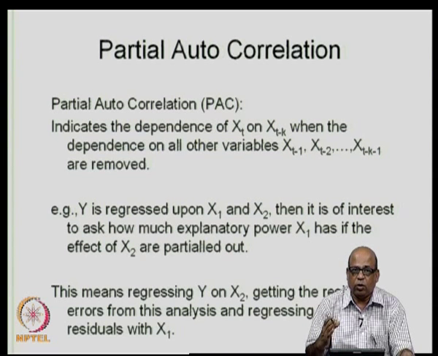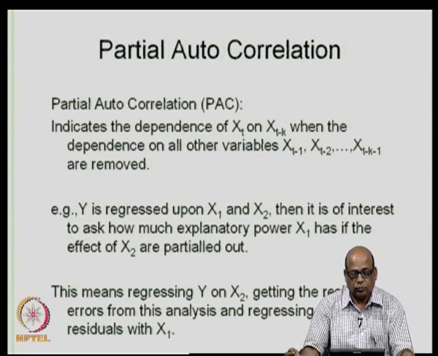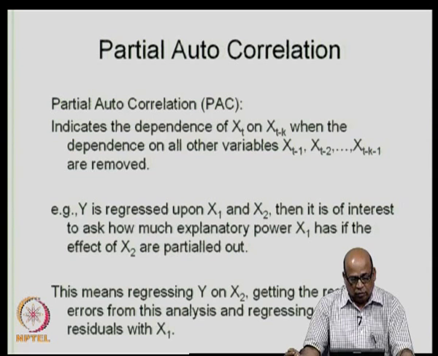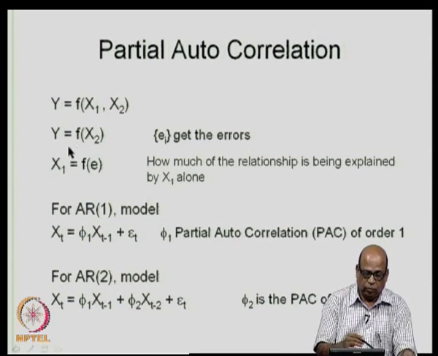Now, the partial autocorrelations are important indicators of what type of ARIMA models we may use for the data that we have, and therefore we must be able to estimate the partial autocorrelations and infer from them what level of autoregressive terms we may want to use for our models. The partial autocorrelations, this is what I just explained.